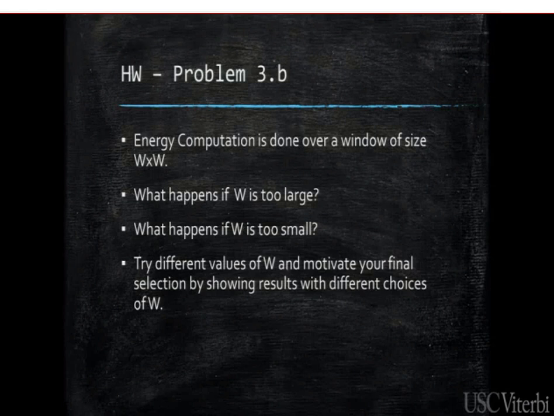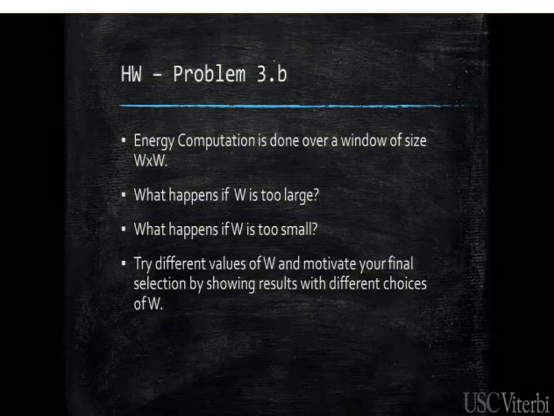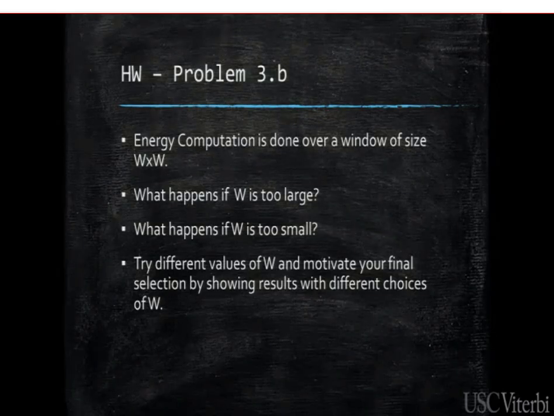In the previous part, you took an average of the entire image of 256 by 256. Now instead, you take the average of a smaller region, say 15 by 15, 23 by 23. So for each pixel in the image, you take the average of a window. Is that clear?